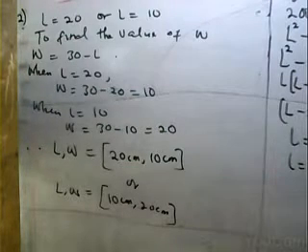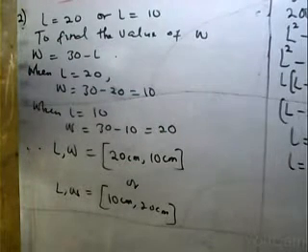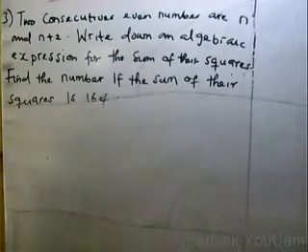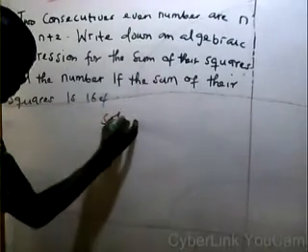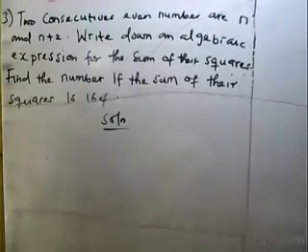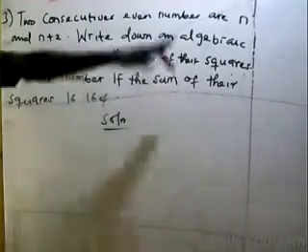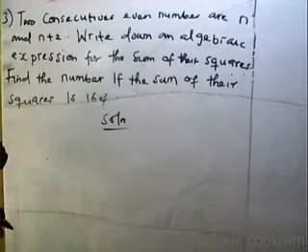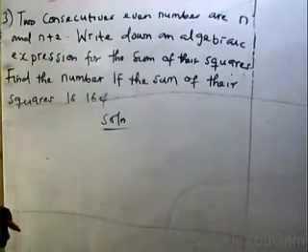So we now move on to number 3. Two consecutive even numbers. So we are given even numbers n and n plus 2. The question on this, there are 2.